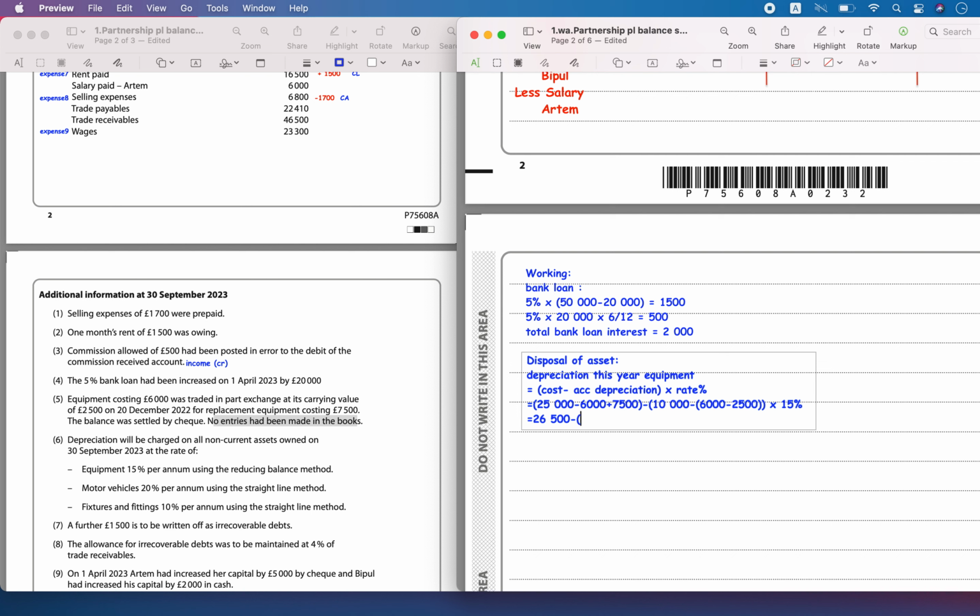Okay, 26,500 minus of this value 10,000, minus of 6,000 minus 2,500. So that is equal to 6,500. So this value is 6,500 times 15%.